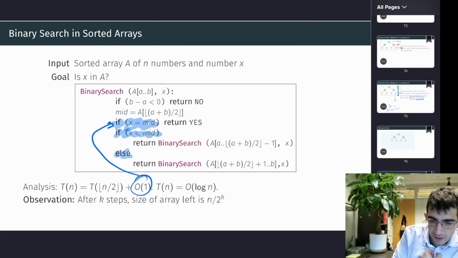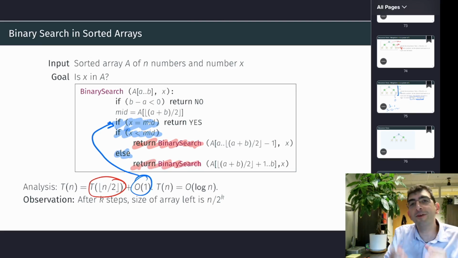And then we know that we have one recursive call, which is simply either this function or this function, but not both. Just because you see a recursive call twice in a function doesn't mean both recursive calls are going to be taken. In binary search, always one recursive call is taken or the other.